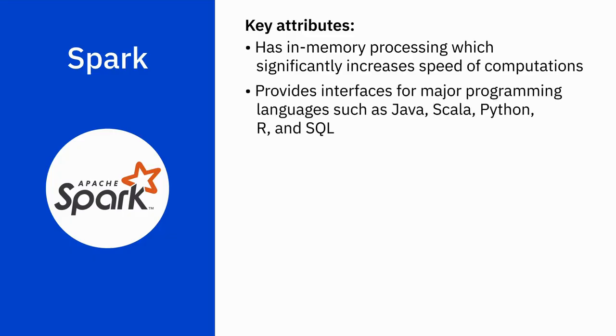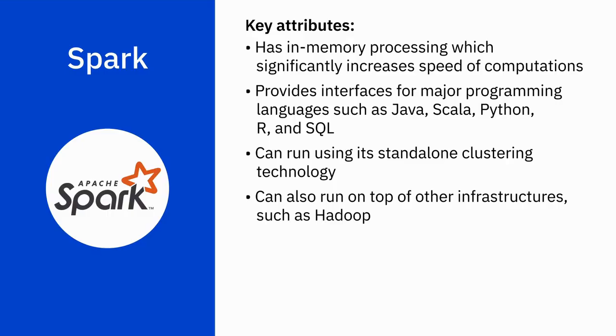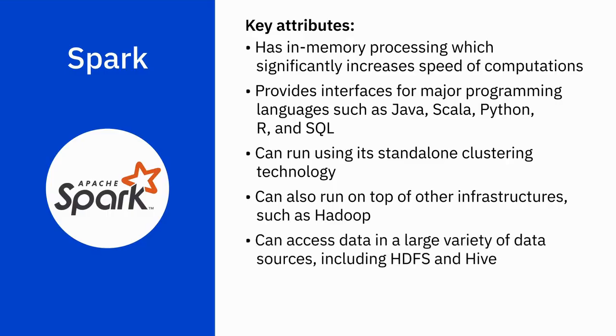Spark has interfaces for major programming languages, such as Java, Scala, Python, R, and SQL. It can run using its standalone clustering technology, as well as on top of other infrastructures such as Hadoop. And it can access data in a large variety of data sources, including HDFS and Hive, making it highly versatile.